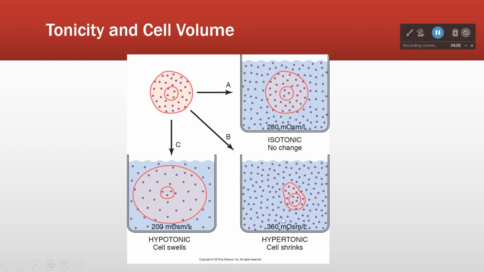However, if we take a hypertonic solution, we see that the cell shrinks. Another way to describe cells shrinking is that the intracellular fluid volume goes down. Okay, fancy way of saying cells shrink. In hypotonic, okay, we have cells expand.